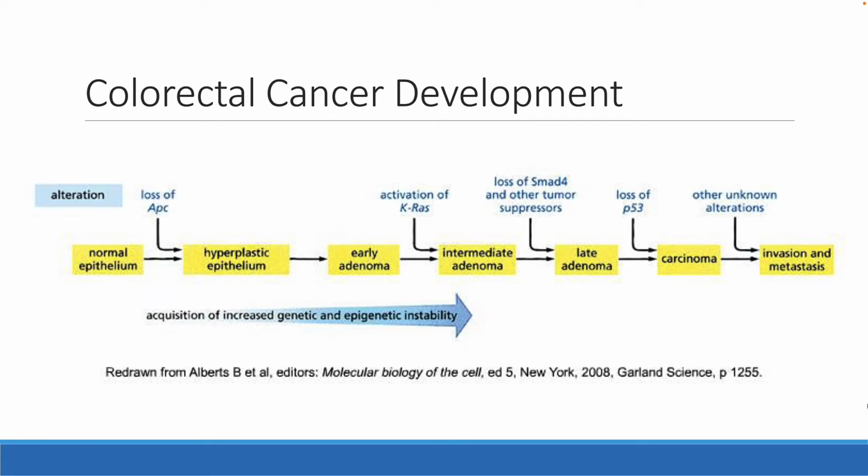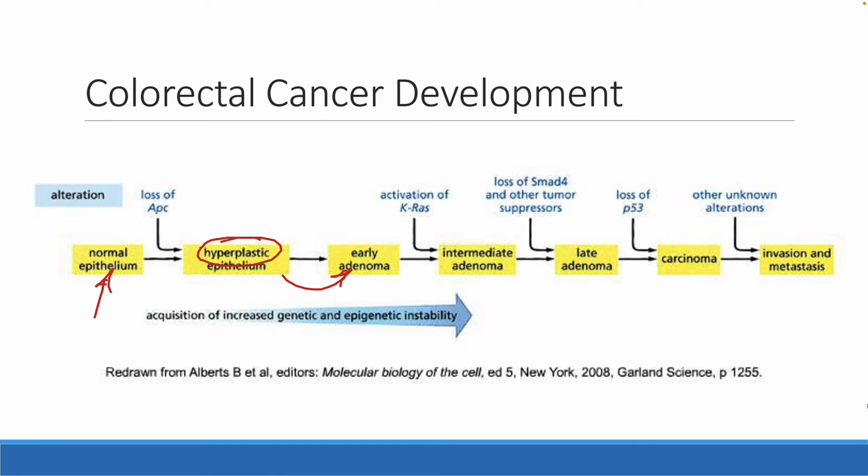As an example, colorectal cancer, I should say, develops in this same pattern. So the first is normal epithelium to start, and then there's this hyperplasticity, right? The cellular adaptation strategy to become hyperplastic that eventually leads to early adenoma.